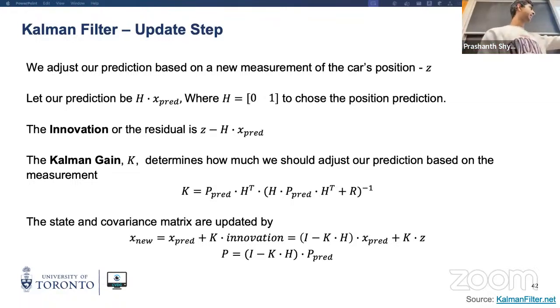That's how our final value gets weighted with 1 minus the weight, plus the weight times the error. And a similar thing is done to calculate the new covariance matrix as well.